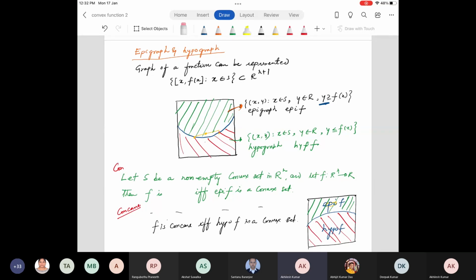Hold on, guys. Something is wrong with the pencil.